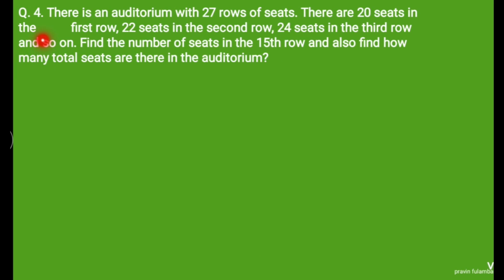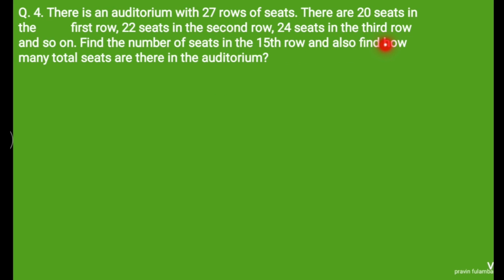Now see question 4. There is an auditorium with 27 rows of seats. There are 20 seats in the first row, 22 seats in the second row, 24 seats in the third row, and so on.